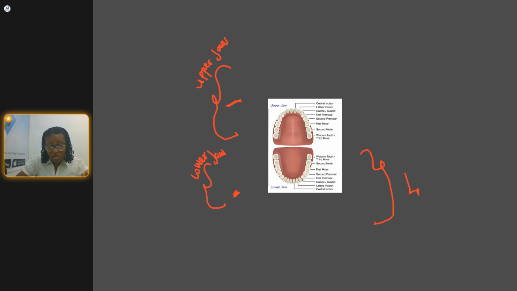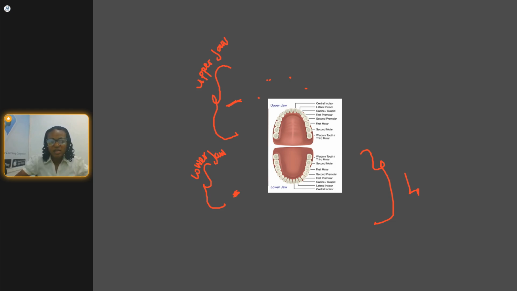The set of teeth that you are looking at here are not the same. If you look at their structure, you will see that they have different structures. This brings us to the types of the mammalian teeth. But before we go to the types, I want you to know that we have the external structure.